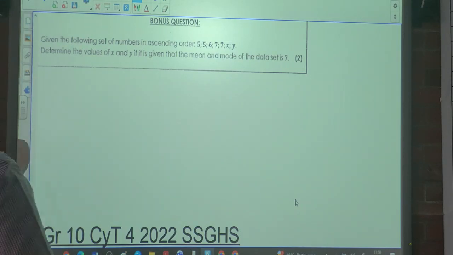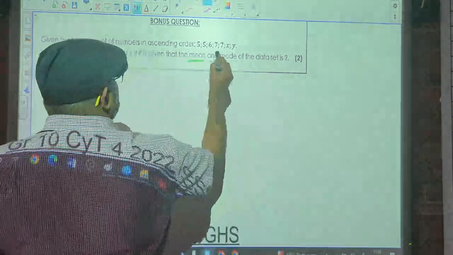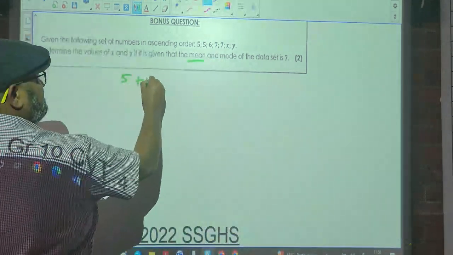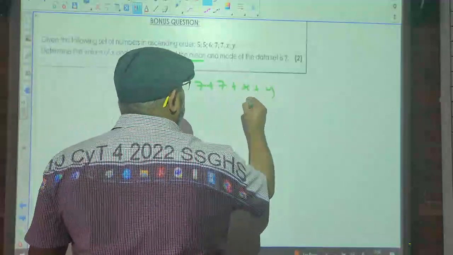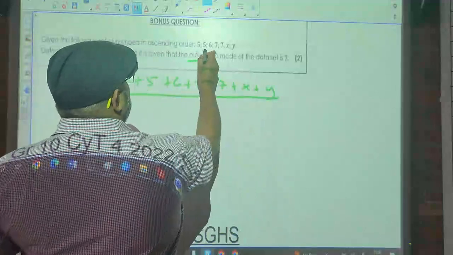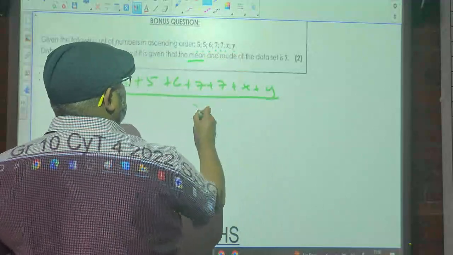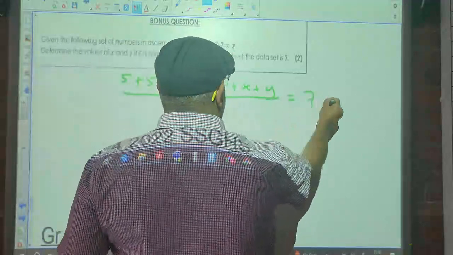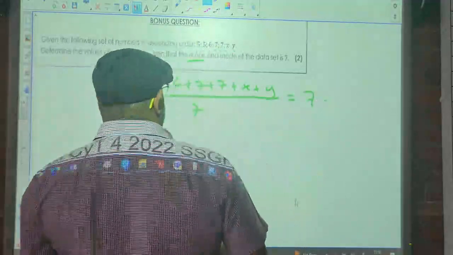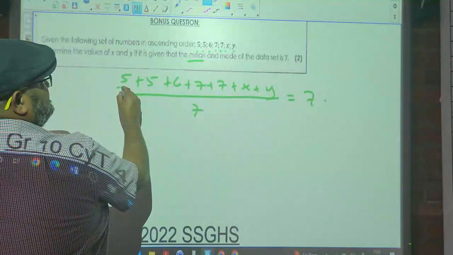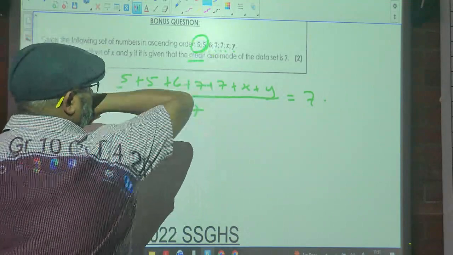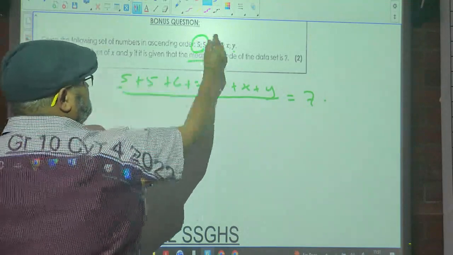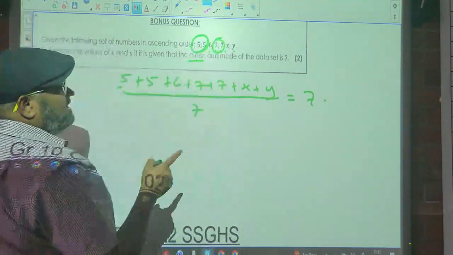Okay, so if the mean is 7, there's going to be 5 plus 5 plus 6 plus 7 plus 7 plus x plus y, and this is all over 1, 2, 3, 4, 5, 6, 7, equals 7. So there are 2 5s and 2 7s.